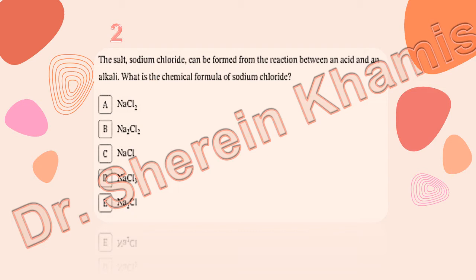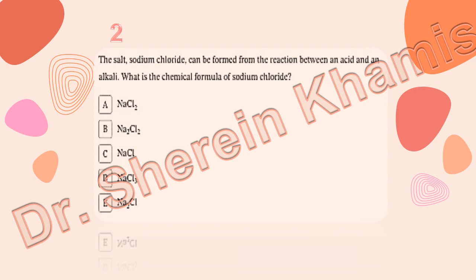The first one is the positive ion, which we call a cation, followed by another element or negative ion, which we call an anion. The cation means we have a metal or a positive ion, and the anion is a non-metal or a negative ion.